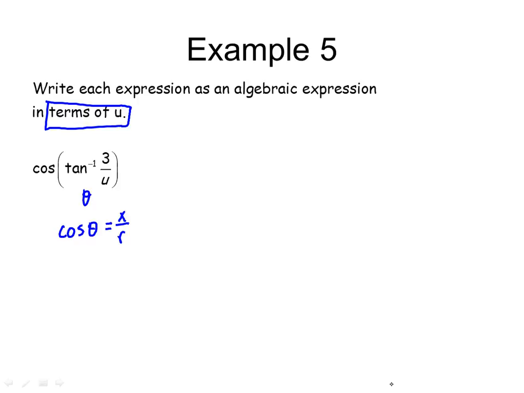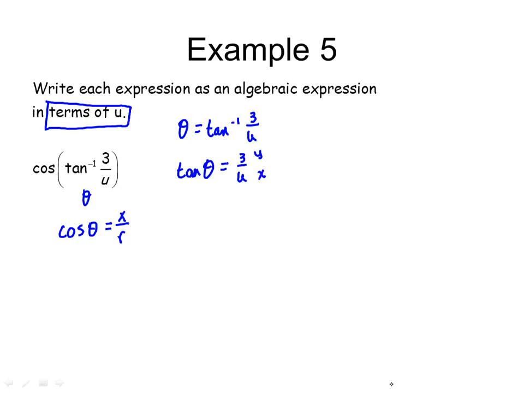Well, if theta is equal to tangent inverse of 3 over u, that means that tangent theta is equal to 3 over u. So this is going to be y over x.